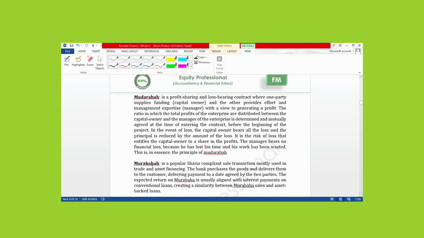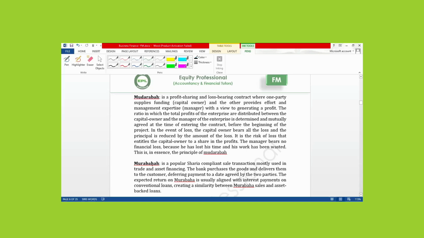Let me explain that. Assuming you have baking knowledge. You can bake bread, you can bake cake, you can bake snacks, and you require equipment for this purpose. You don't have the money to buy the equipment yourself.